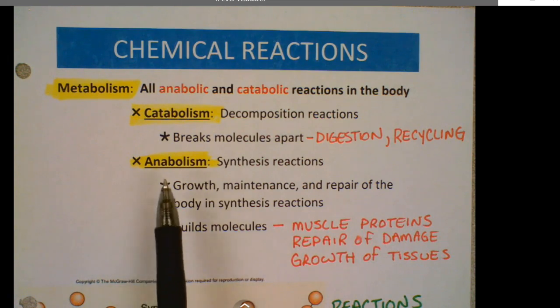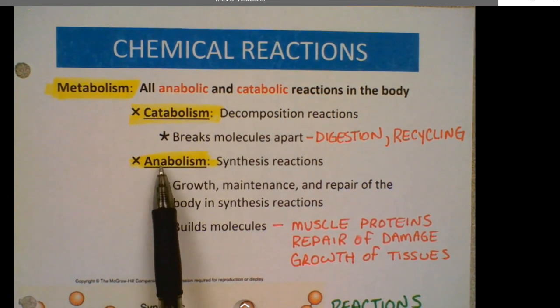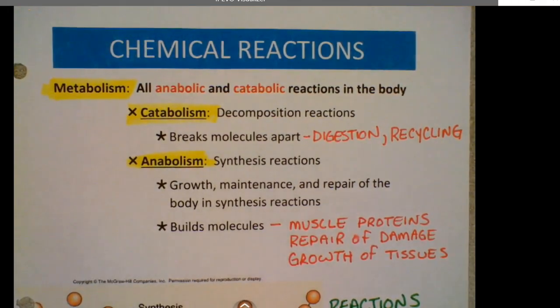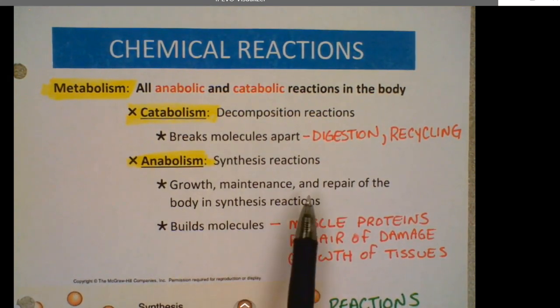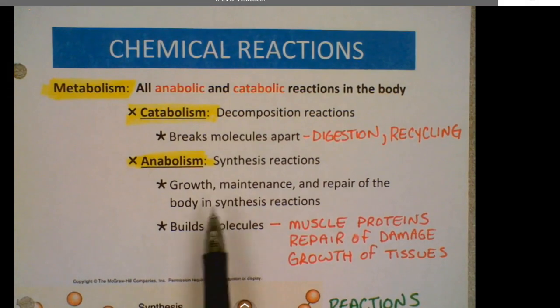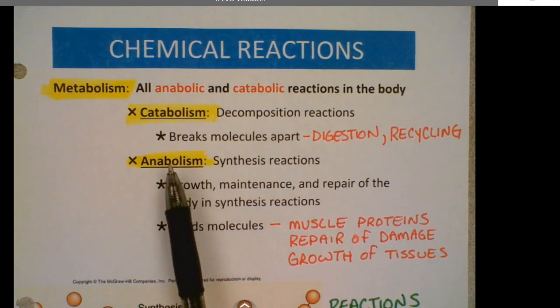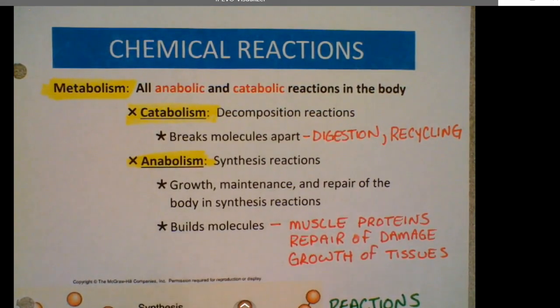The other type of chemical reaction is called anabolism. Anabolism is where we're going to build things. So growth of tissue, maintenance, repair, all of these body functions are going to require anabolism, where we're going to add and build molecules.